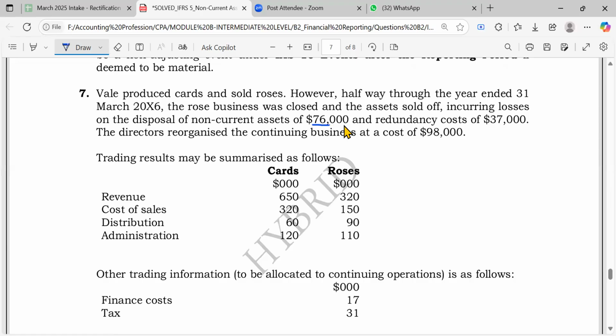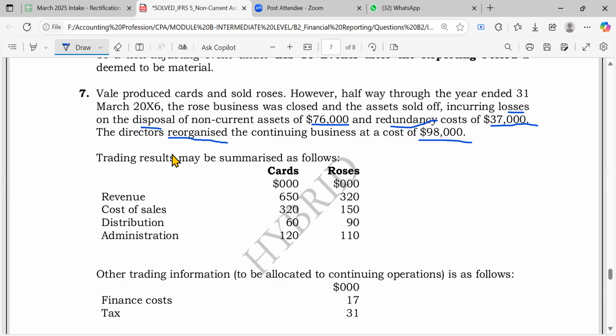This is the loss on what? On disposal, loss on disposal. But also, we had the redundant cost. You know, when you discontinue the operations, it means you have to honor the contract of the workers, right? So you may find yourself incurring redundant costs. Okay, and then you're told the directors reorganized the continuing business at a cost of how much? 98. So in order to proceed with the business, there were reorganization costs.